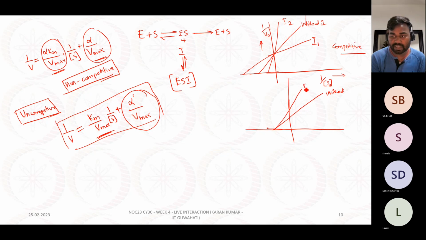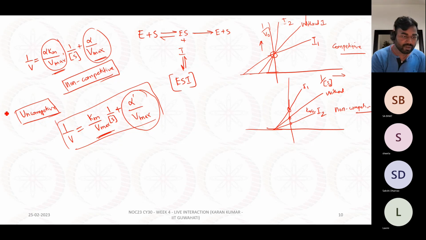This pattern will also change for I1 and I2. Your intercept is also changing and your slope is also changing. Both Km by Vmax and the Y intercept are changing. But in case of competitive, the intercept is the same, but your slope is changing. So this is the case of non-competitive.